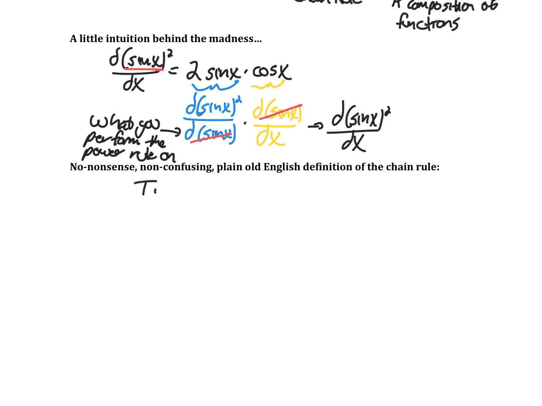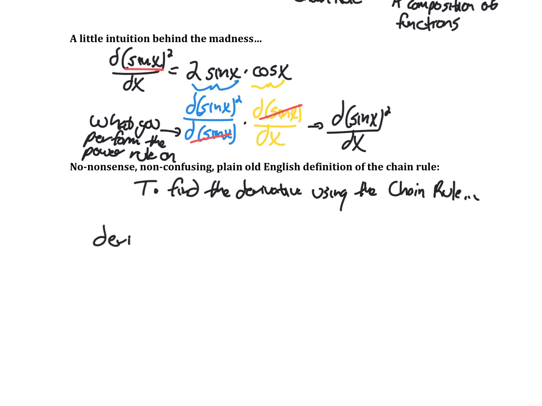So, to find the derivative using the chain rule, okay, the derivative is equal to the derivative of the outside.